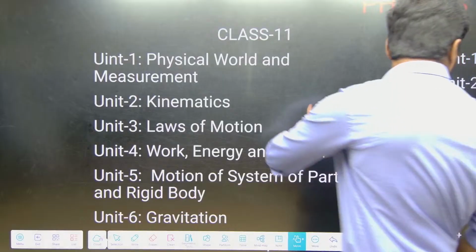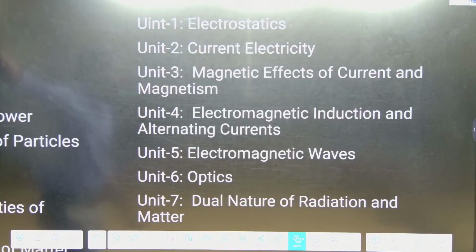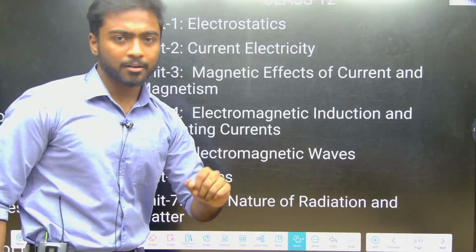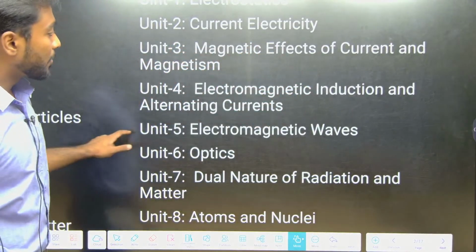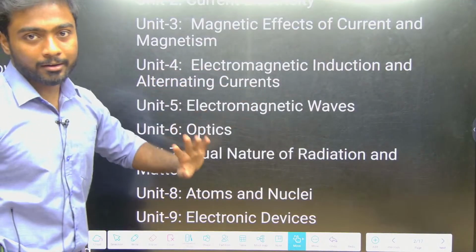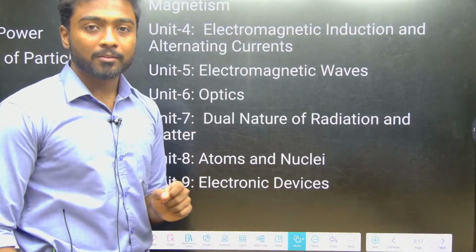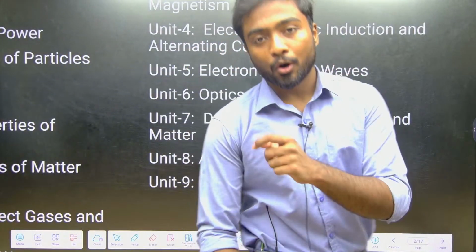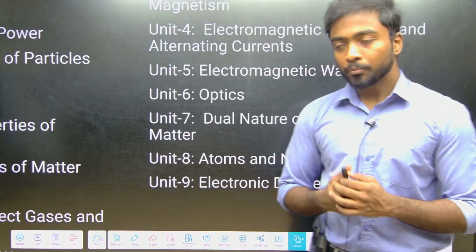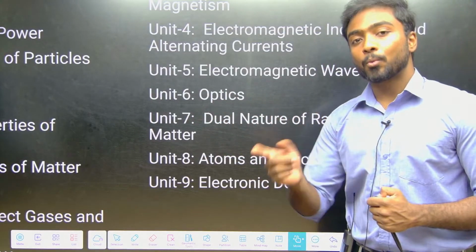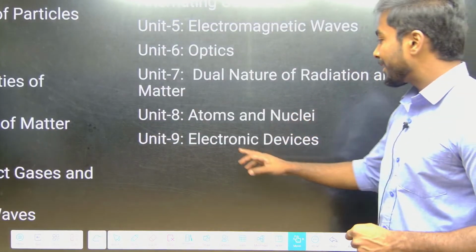Okay, when we are talking about class 12th, these are the chapters: electrostatics, current electricity. Yes, you would have studied current electricity, and magnetic effect of current and magnetism, electromagnetic induction, alternating current, then electromagnetic waves, and optics, ray optics, where the incident ray, normal and reflected ray all lie in the same plane, and the angles of incidence and reflection are equal, right? Then dual nature of radiation and matter, atoms and nuclei, electronic devices.